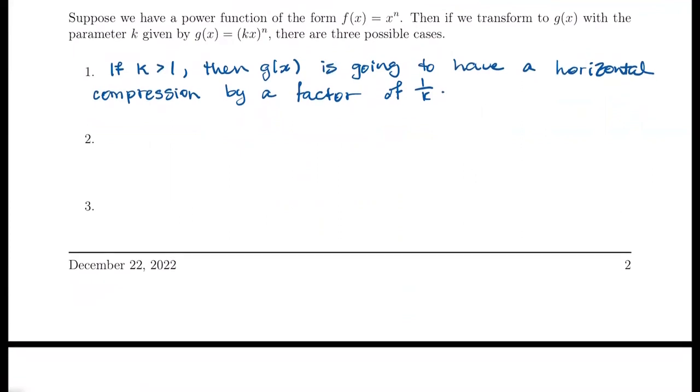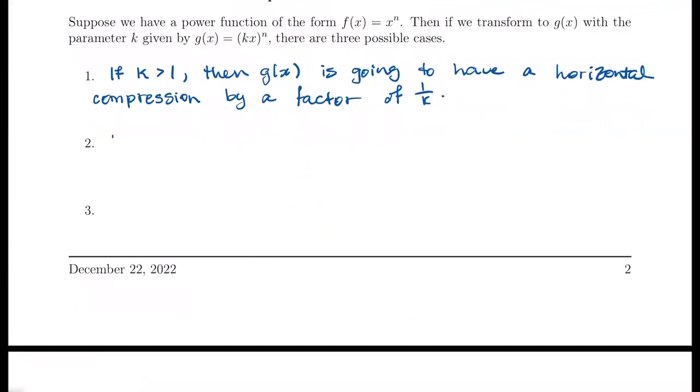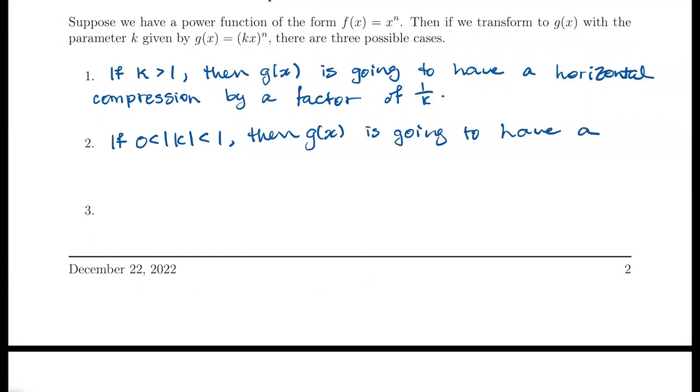So similarly, when the absolute value of k is between 0 and 1, then g of x is going to have a horizontal stretch by a factor of 1 over k.